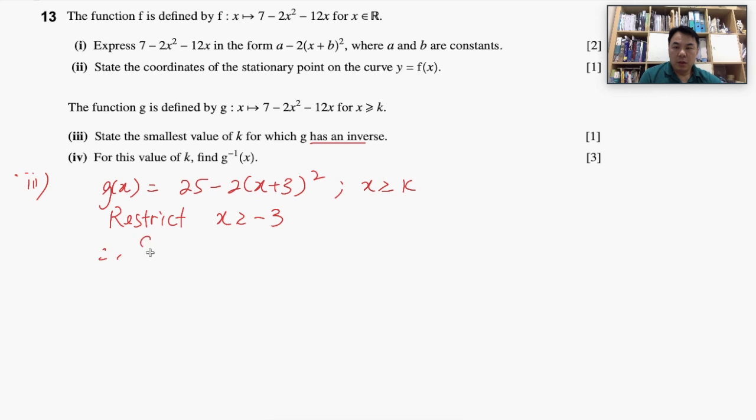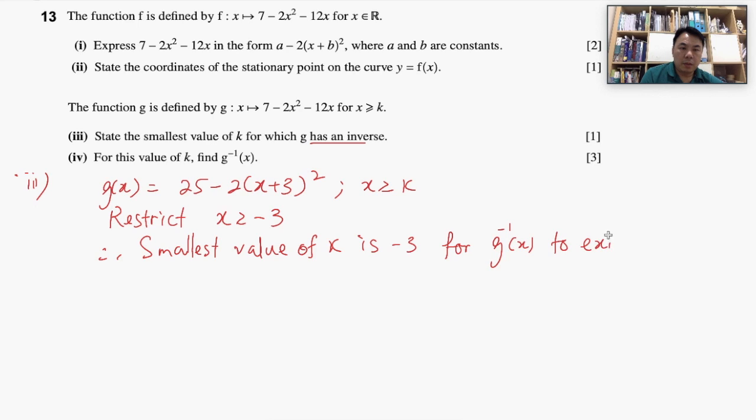Therefore, the smallest value of k is negative 3 for g inverse to exist.